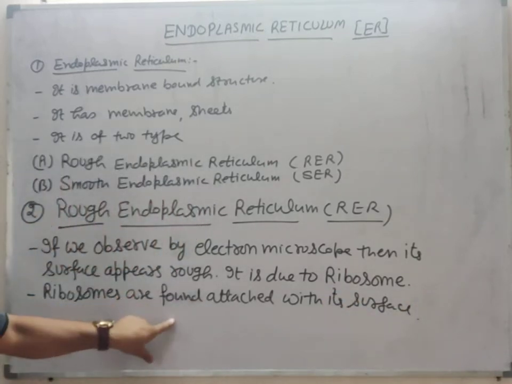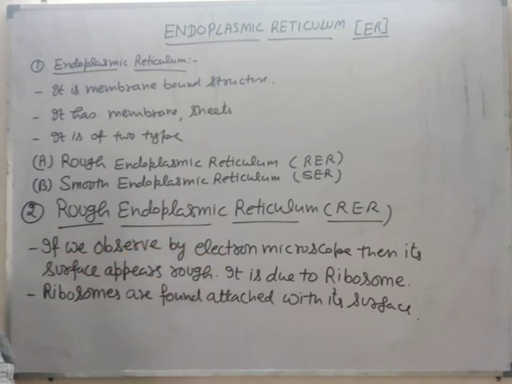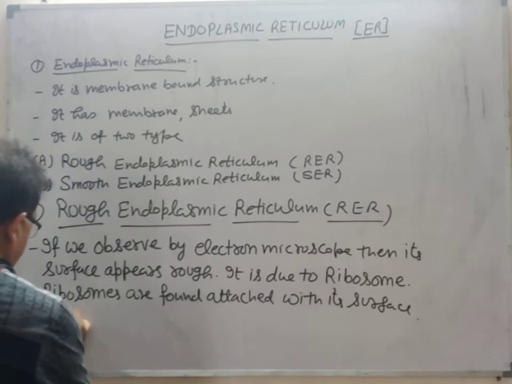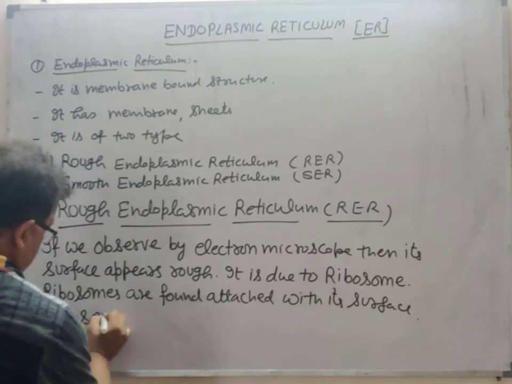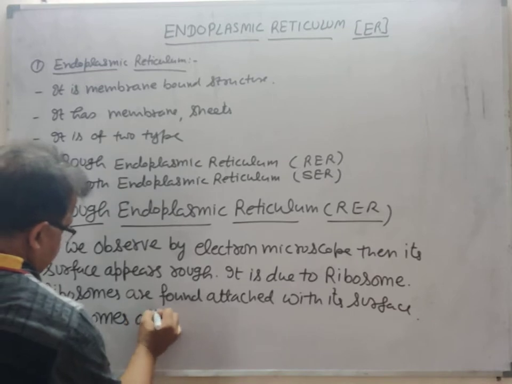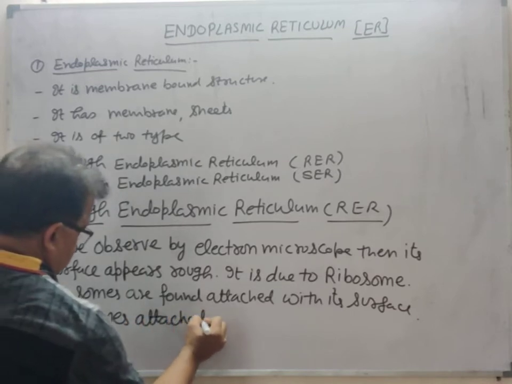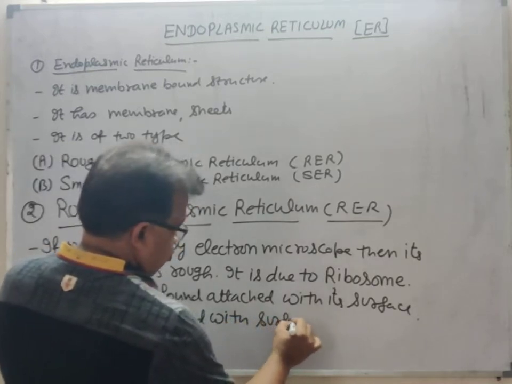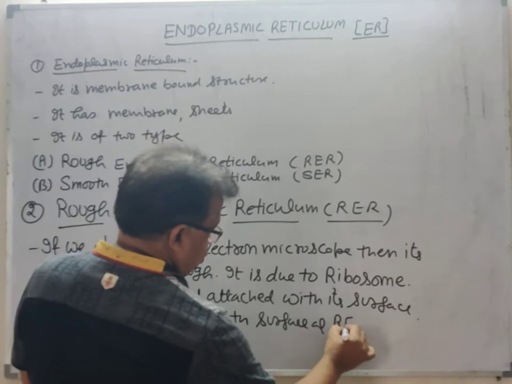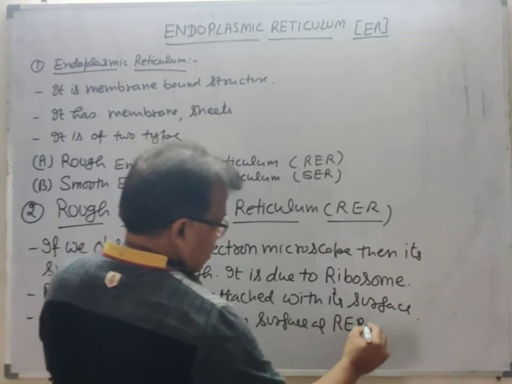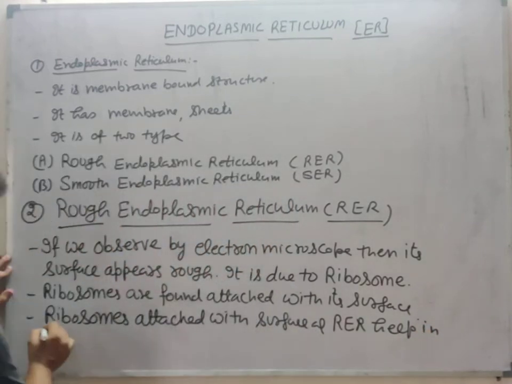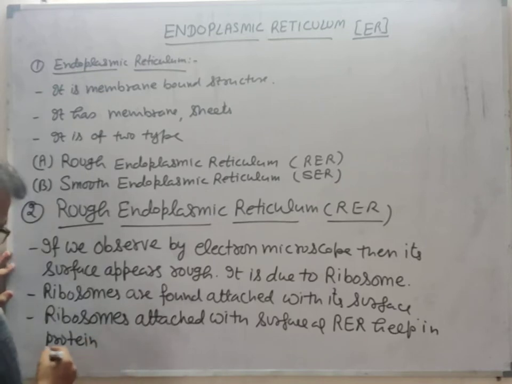Now these ribosomes attached with the surface of RER help in protein manufacturing. So ribosomes attached with the surface of rough endoplasmic reticulum help in protein synthesis or manufacturing, which have the same meaning.